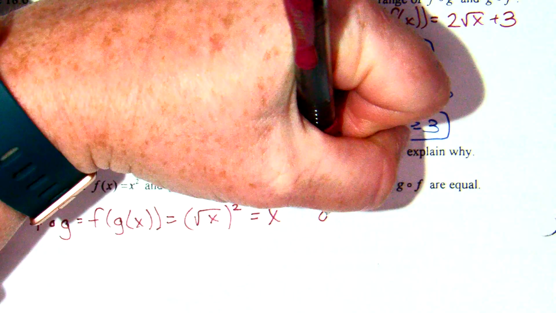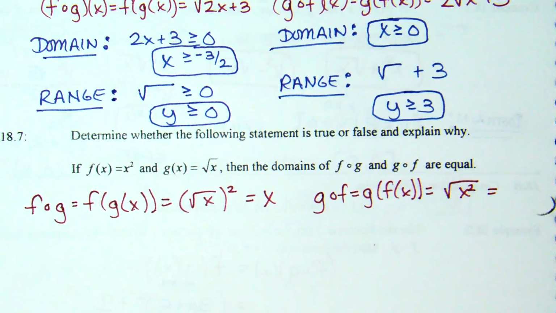What's g of f of x look like here? The square root of x squared. What is the square root of x squared? X. So, interesting enough, Fogg and Goff both result in x.